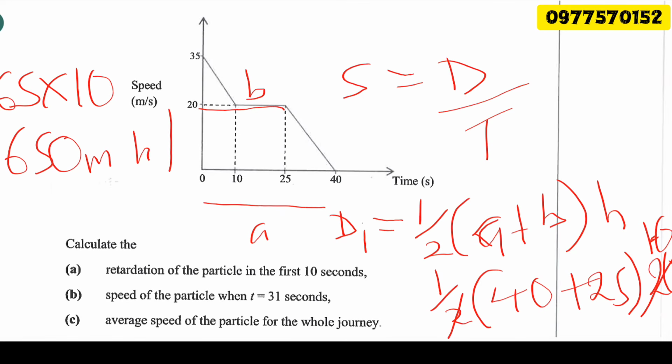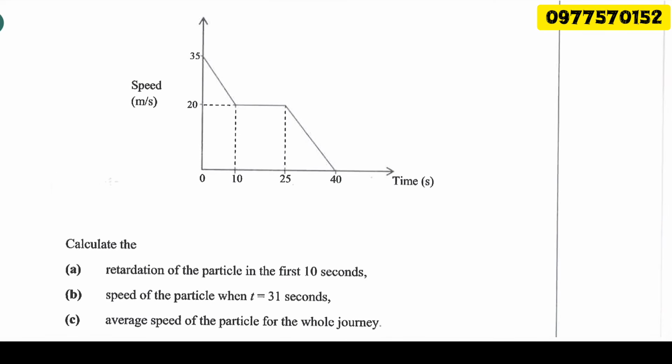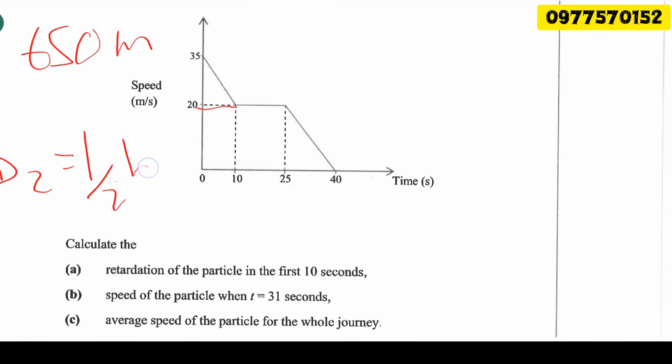Now let me just do this. So we have 650 meters. Now this is a triangle here. So the formula is distance 2 is equal to half BH. So for B, you can get from 0 to 10 here. This distance here is 10.